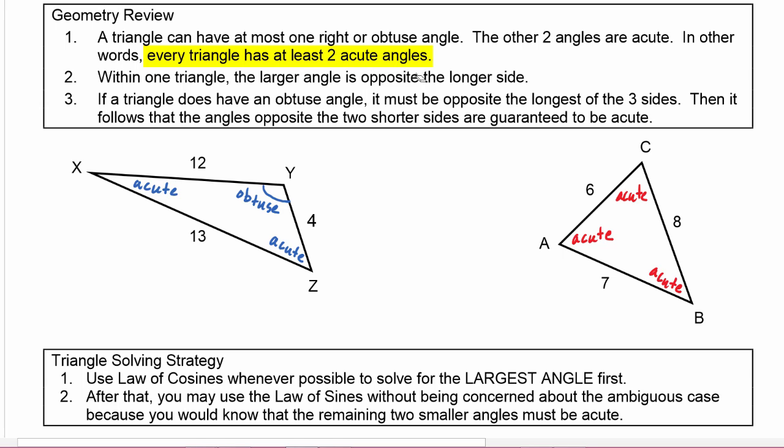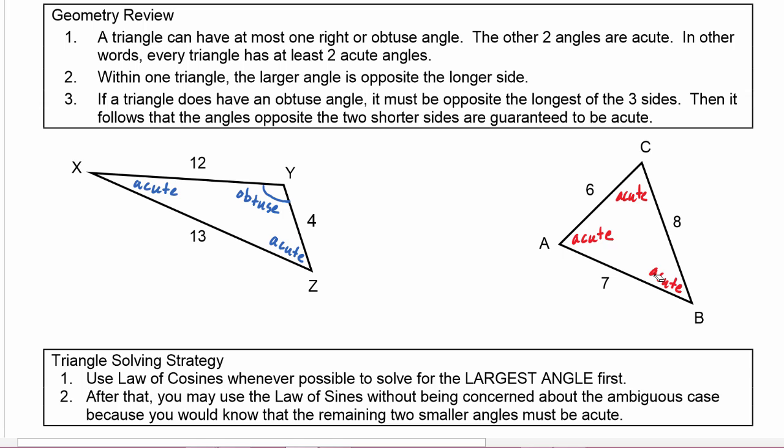We know that opposite the smallest side and the medium side, those two angles are guaranteed to be acute. Same over here. Opposite the small side and the medium side, those angles are absolutely 100% guaranteed to be acute.